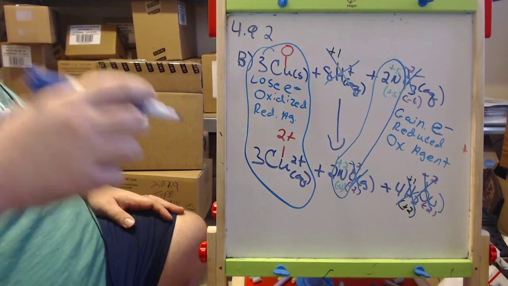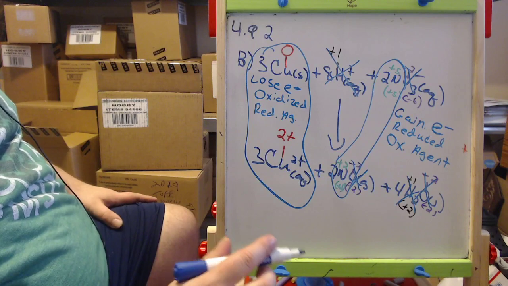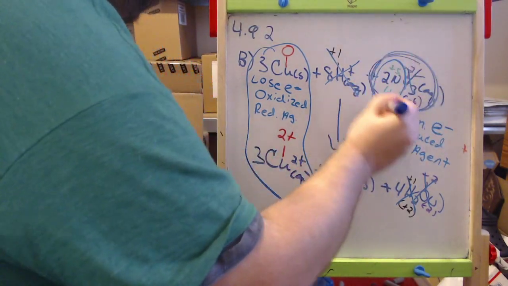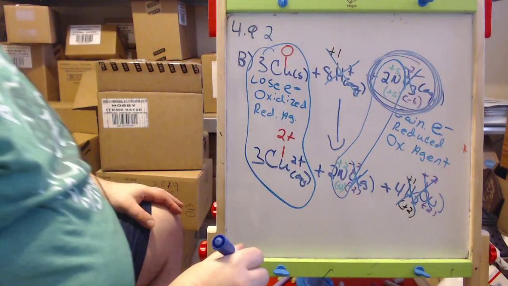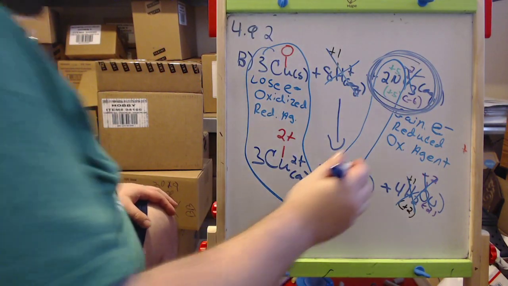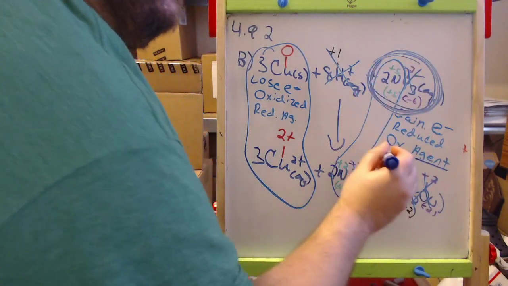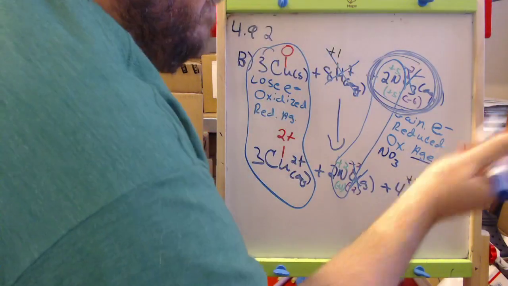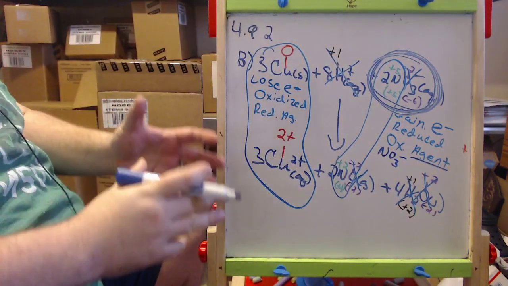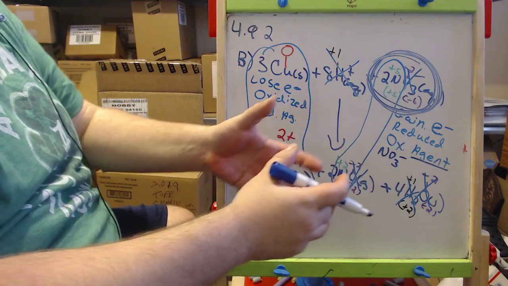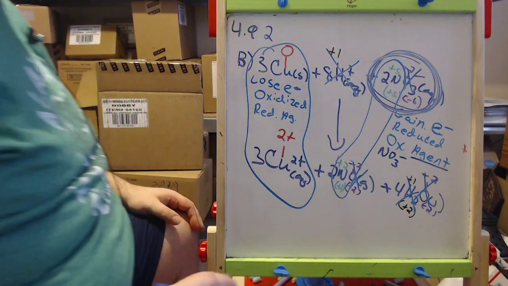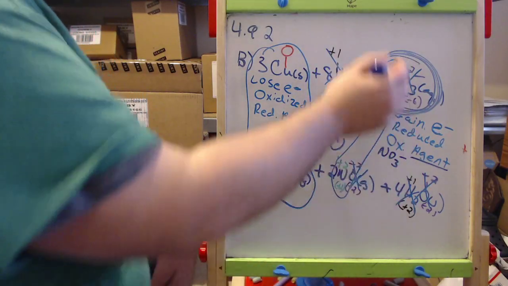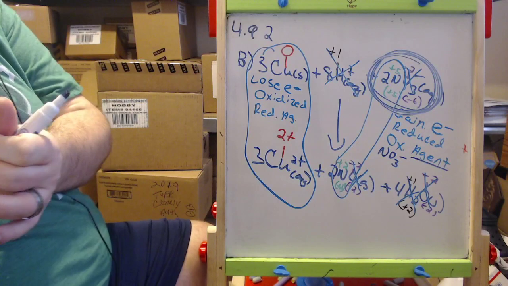The reason it says NO3 minus is the oxidizing agent is because it contains the nitrogen. So the oxidizing agent isn't just the nitrogen, it's the chemical formula that contains it. Nitrate is the oxidizing agent because it contains the nitrogen. Nitrogen's being reduced, but the agent contained that reduced substance.